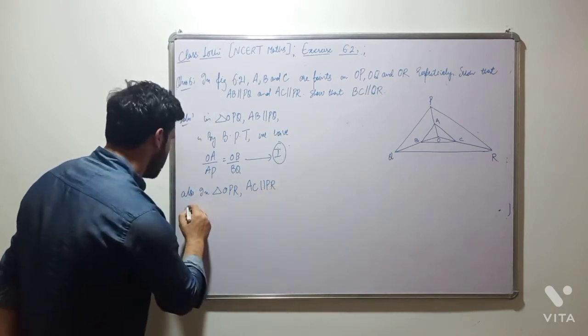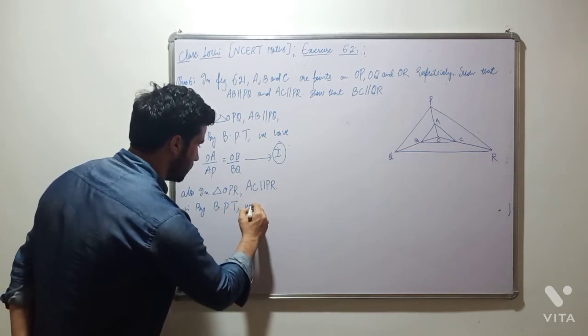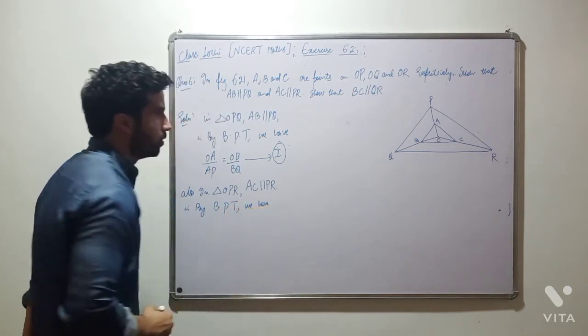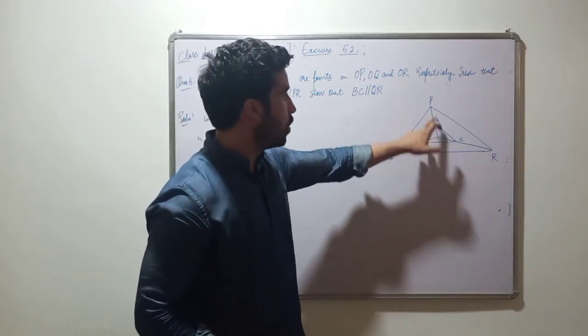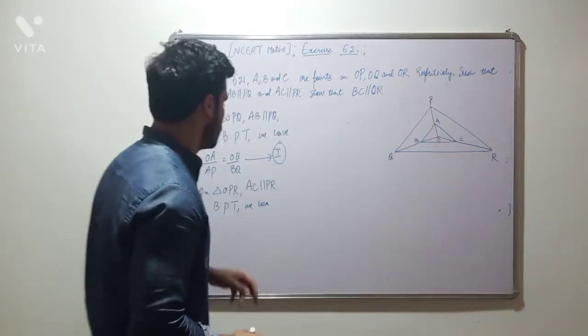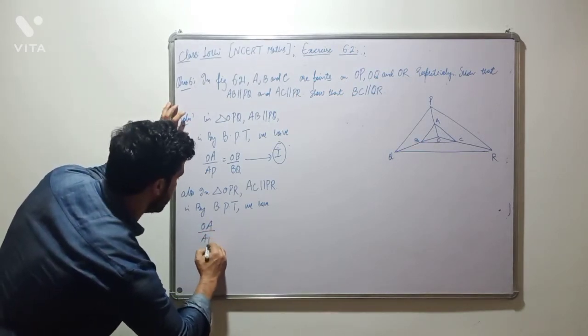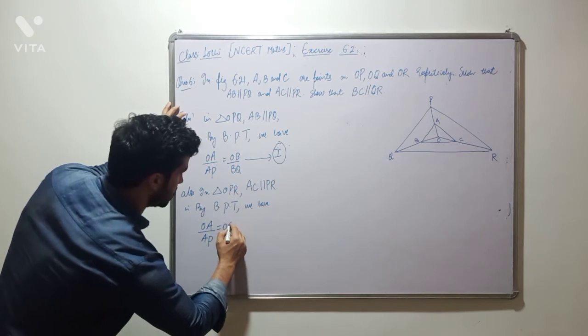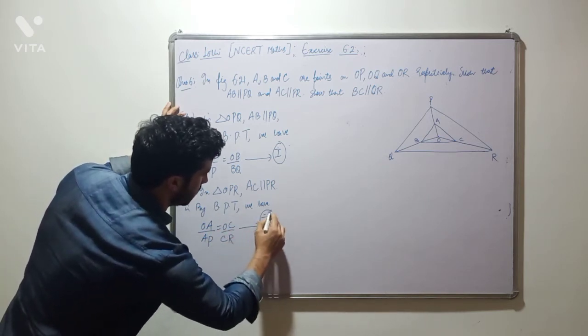Therefore, by basic proportionality theorem, we have that this line AC will divide OP and OR in the same ratio. This means we will have OA divided by AP equal to OC divided by CR. So let that be second.